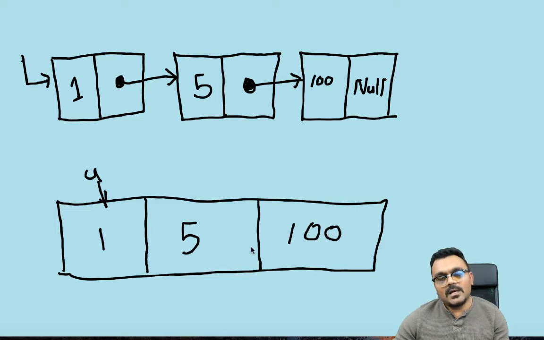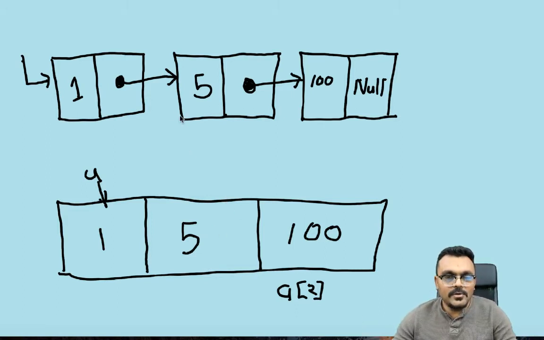So now if I want to go here, I don't really have to visit 1 and 5. I can simply do this too, because this would be A0, this would be A1, and this would be A2. Because they are continuous memory, you can easily find A2 without visiting the others. It makes a difference if you have a much larger array. Compared to here, I have to go to 1, then go to 5, and finally I can be at 100.